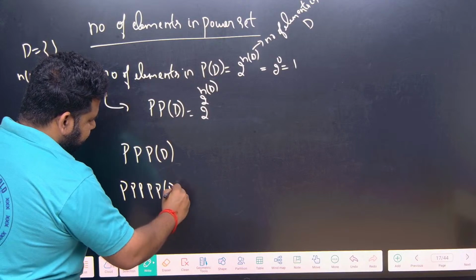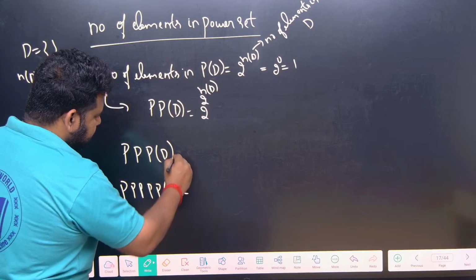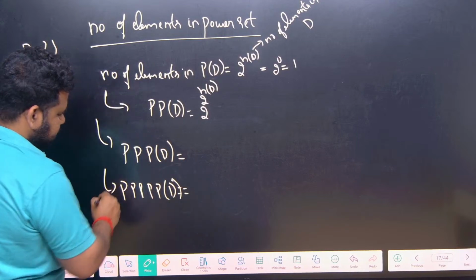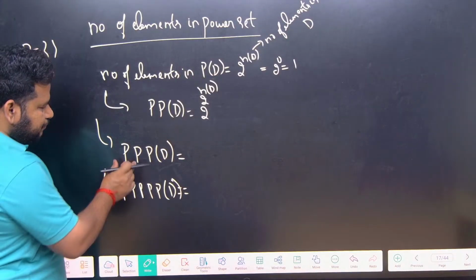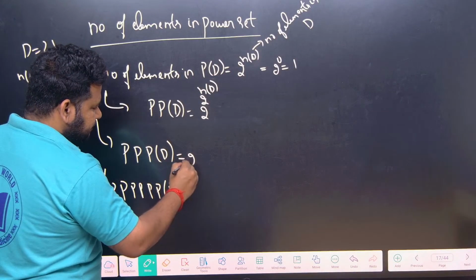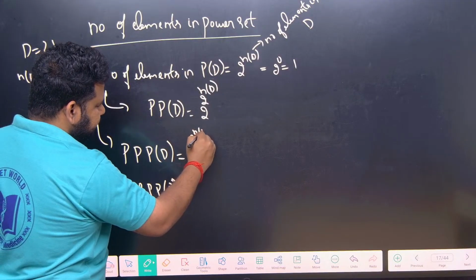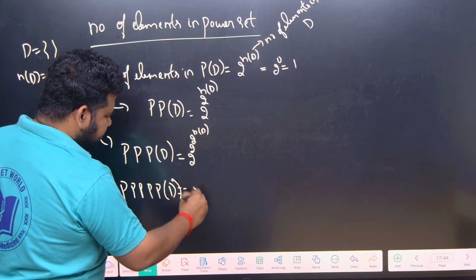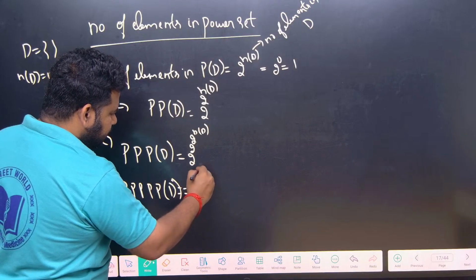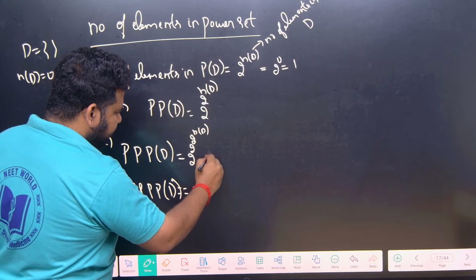How do you find out? Here how many P's are there? 3 P's. So I should write 2 power 2 power 2 power, and in the end n of d. Here how many P's are there? 5 P's. 2 power, and the power I should write in the end is n of d.